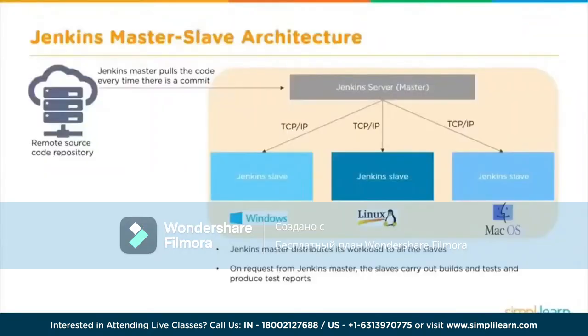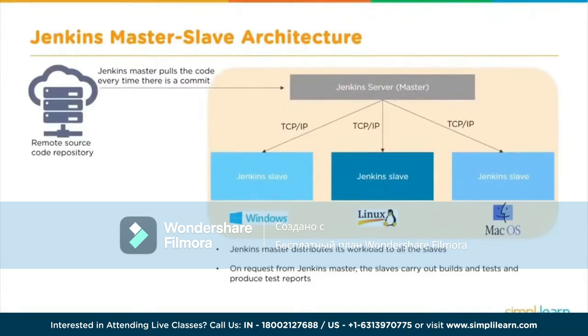So what we have here is an overview of the master-slave architecture within Jenkins. On the left-hand side is the remote source code repository, and that remote source code repository could be GitHub, or it could be Team Foundation Services, or the new Azure DevOps code repository, or it could be your own Git repository.